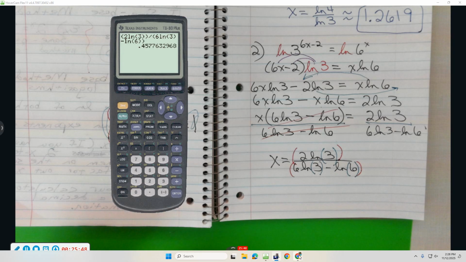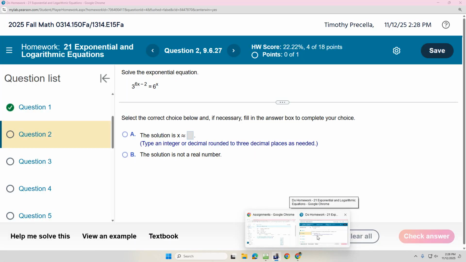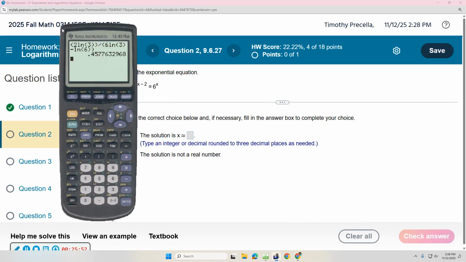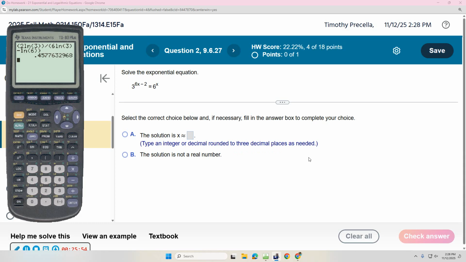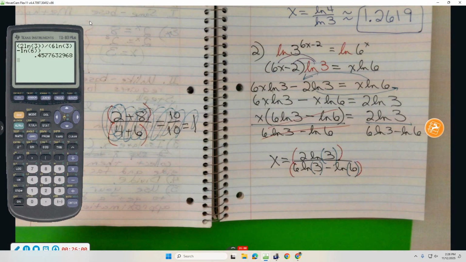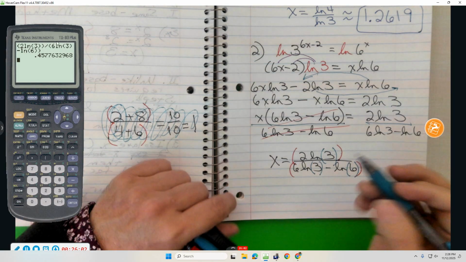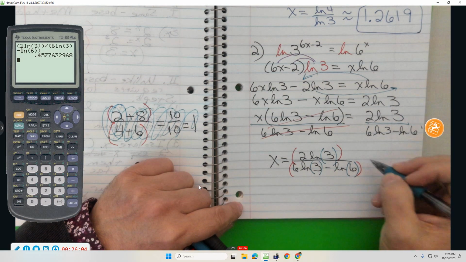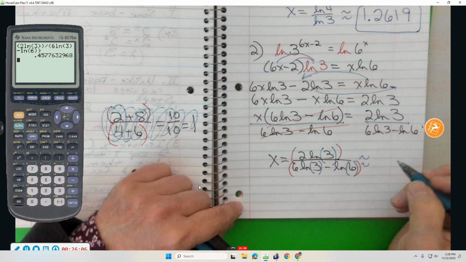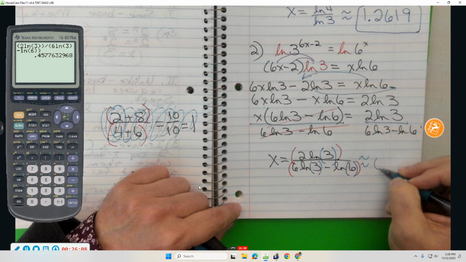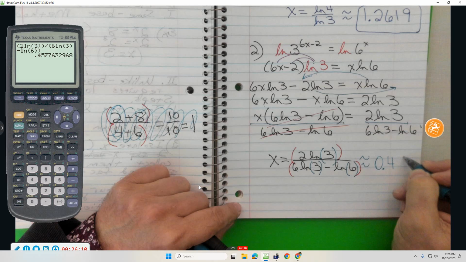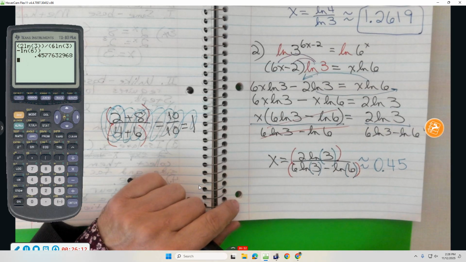How did it say to round? This one says round to 3 decimal places, and if you punch in 4, it's going to count it wrong. So that's approximately 0.45, 3 decimal places.